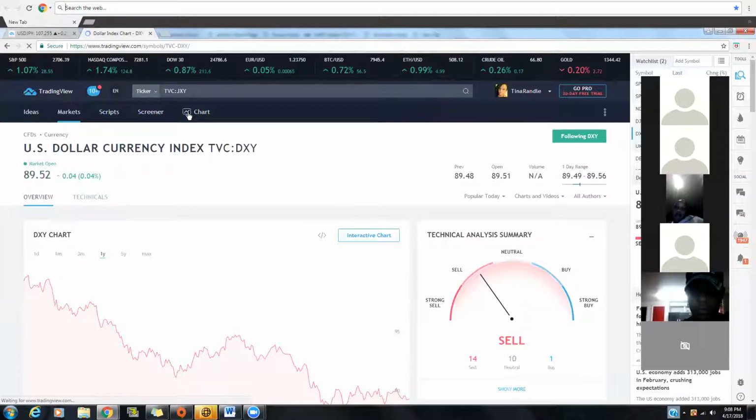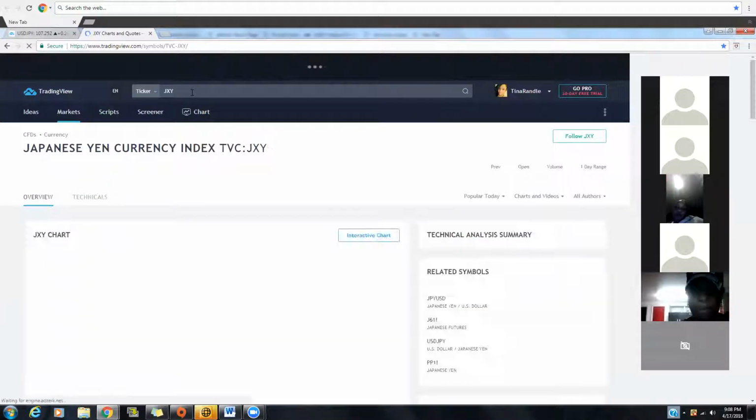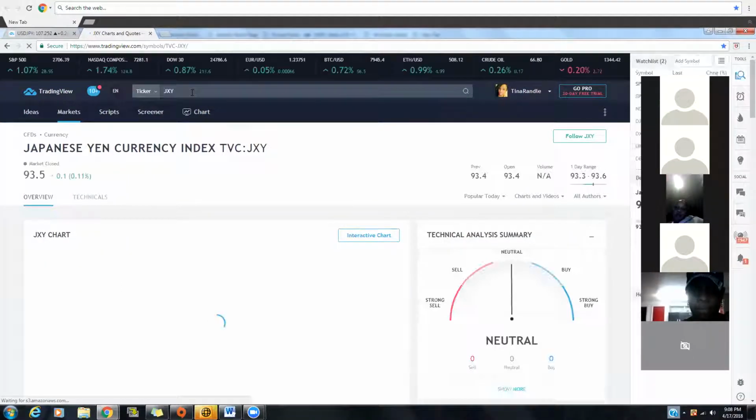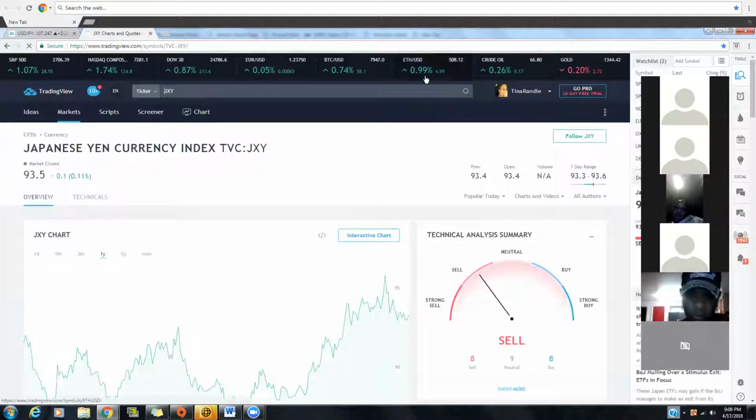So we're just switching over. Looking at the yen, it's sitting at 11%, which is about 8% greater than the dollar.